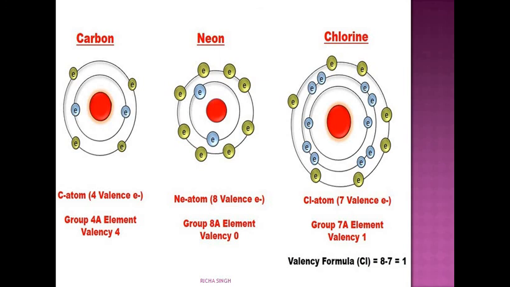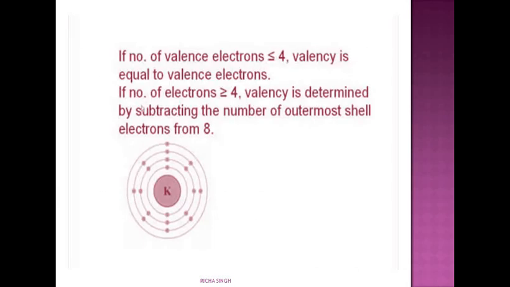For chlorine, it has 7 electrons in the valence shell. What is the valence shell? It is the last shell of the atom where the electrons are placed. It has 7 electrons. So what will be the valency of chlorine? It will not be 7, but it will be 8 minus 7, that is equal to 1. You have to keep in mind that when the valence electrons are greater than 4, that is 5, 6 and 7, then we have to subtract from the octet to determine the valency of the element.